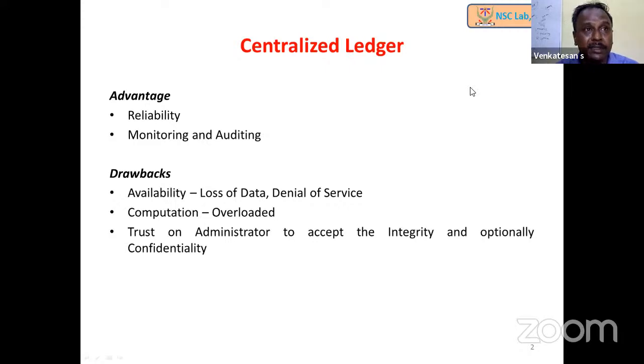And next is the computation overload. If it is a single machine, everything will be handled by that single server. So it may not be in a position to handle all the requests and provide the service on time.